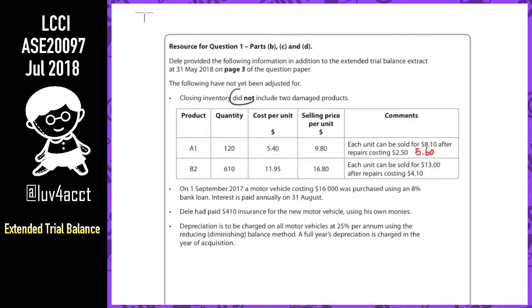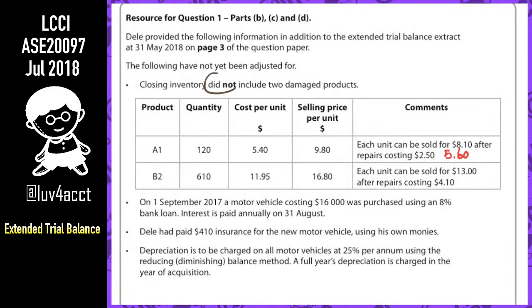That means no adjustment needed, because there is no impairment. There's no impairment, but it is not included in the inventory, so we have to find the original cost: 120 multiplied by 5.4, that is 648.